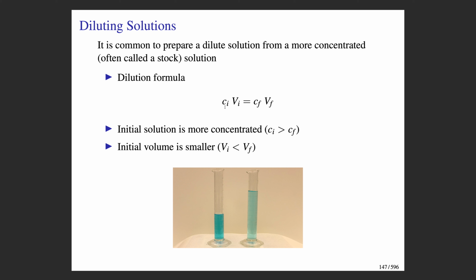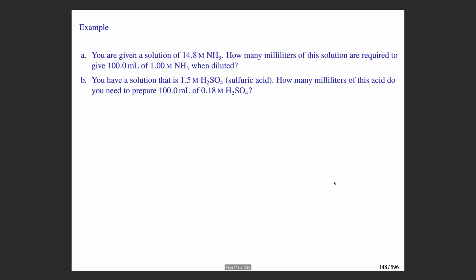And these factors are related in this way. The initial concentration is always larger than the final concentration when you add water to a concentrated solution. And the final volume is always larger than the initial volume that you started with. So that's how the equality works out. So we will work a couple of dilution problems.